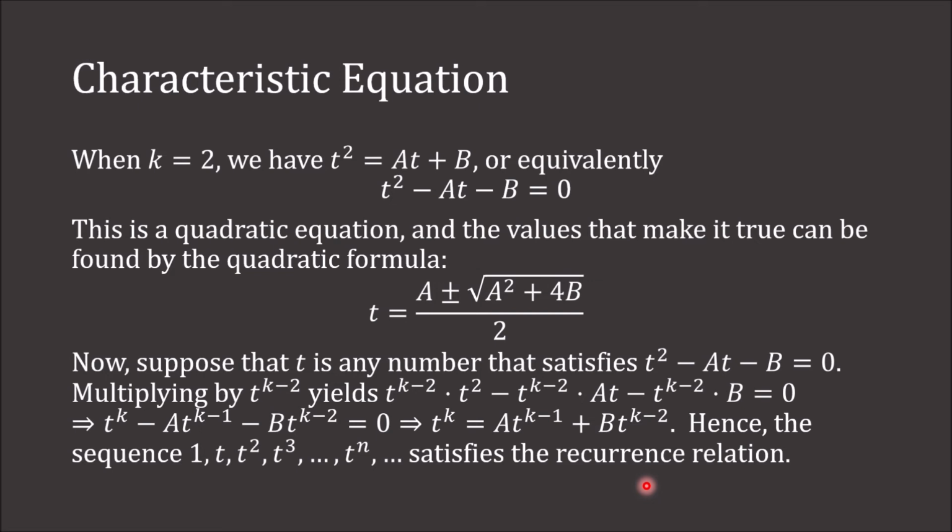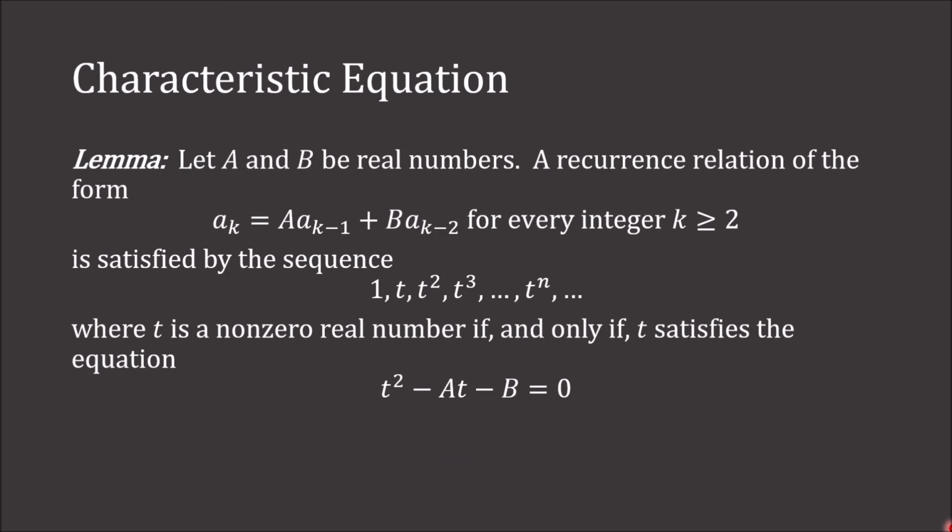And this leads into our next lemma, which says just this. A recurrence relation of this form is satisfied by this sequence if and only if it satisfies this equation. So this allows us to determine a sequence of numbers that would satisfy this recurrence relation.